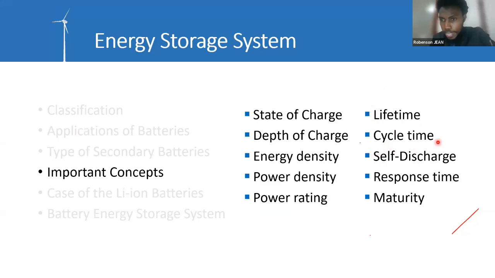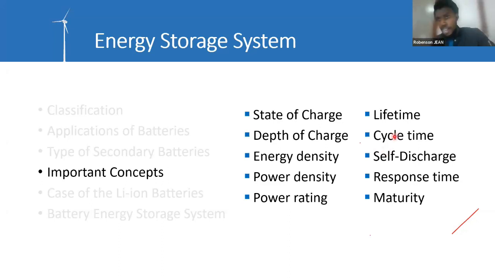This will depend on the lifetime of the given technology that we are using, the type of battery we are using. It will be different if we are using lithium batteries, and it will also depend on the use of the battery. This is why it is important to understand those concepts in order to use the battery well.